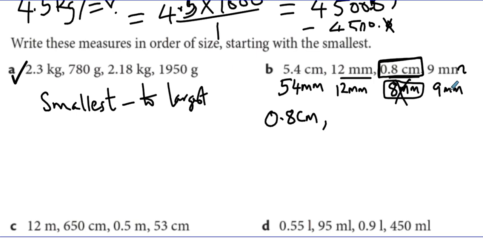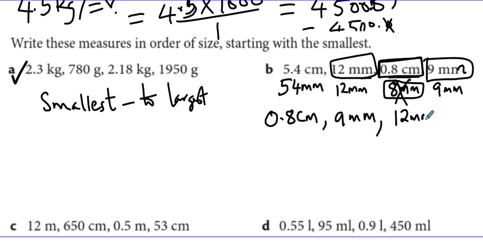Okay, so the smallest is 8 millimeters. Then the next smallest will be 9 millimeters. And the next smallest will be 12 millimeters. And the largest of all will be 54 millimeters. But we were given 5.4 centimeters, so you write 5.4 centimeters.